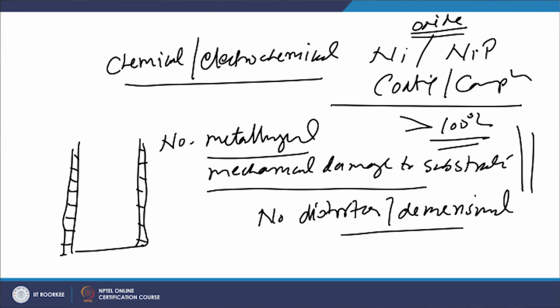This kind of method is used for depositing nickel or nickel phosphate coatings and modifying the composition of the surface layers. In this case, the temperature of the substrate is maintained well below 100 degrees centigrade. In this category of processes, the temperature is maintained within 100 degrees centigrade.